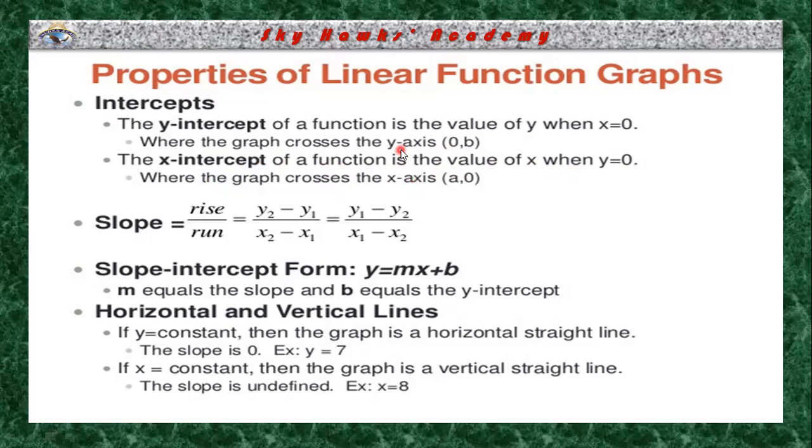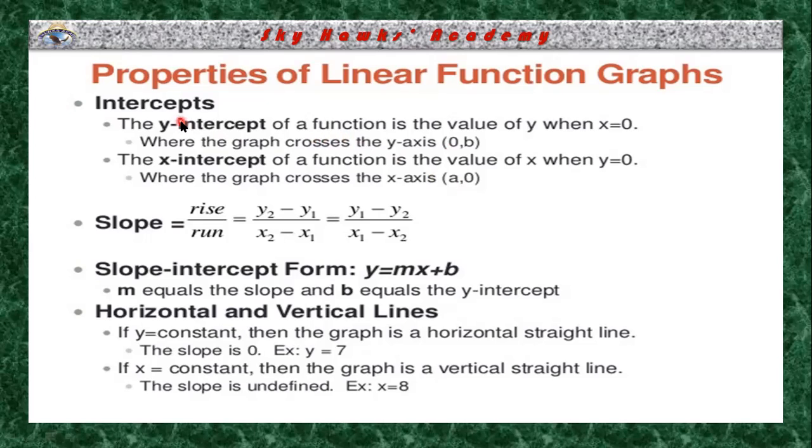The y-intercept is where it meets the y-axis, and the x-intercept is where it meets the x-axis, at the point where y is 0. That point is called the point of intersection, and this value is the x-intercept.